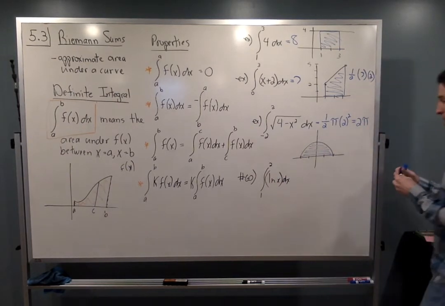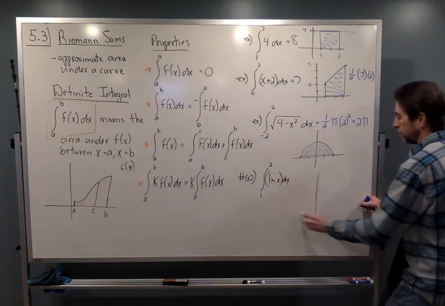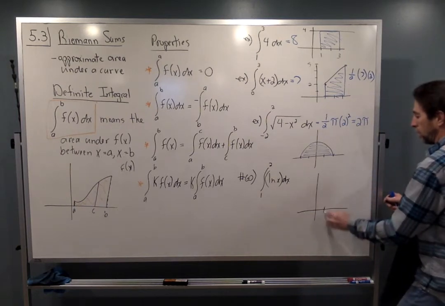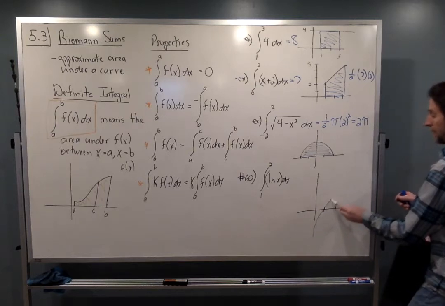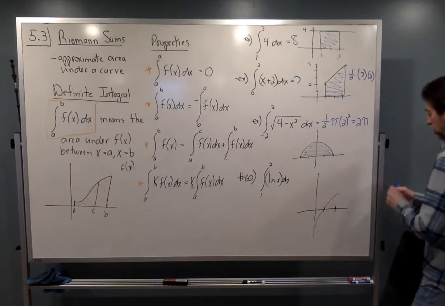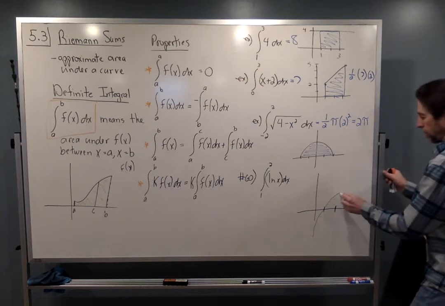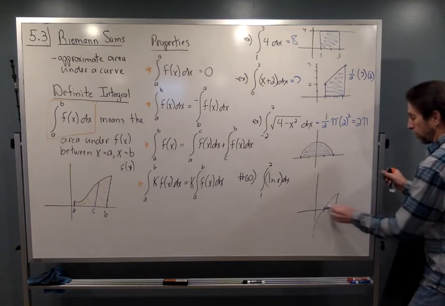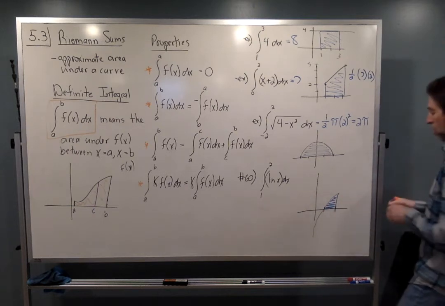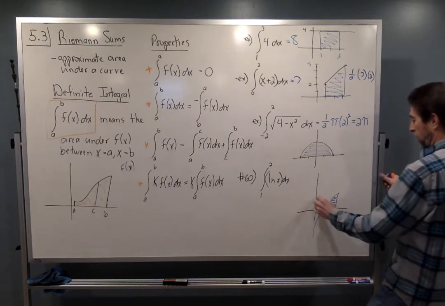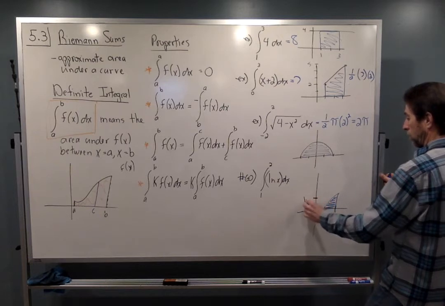Well, again, if I would look at a picture, the log of x looks like this. So from 1 to 2, the log of x would be this region. And we happen to know that this value right here is going to be log 2.